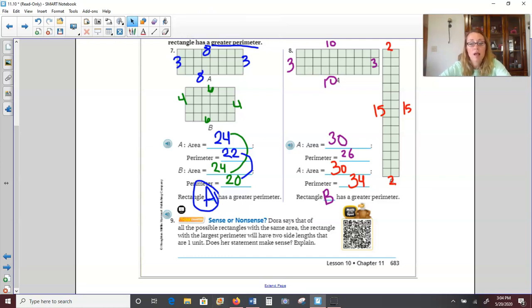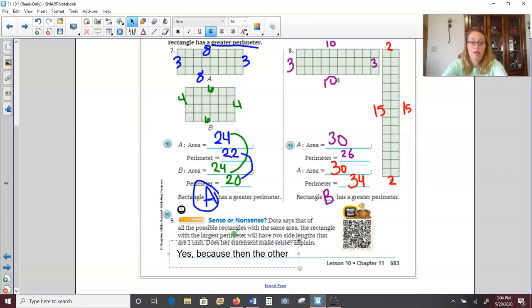So we had said that when you want to make a rectangle that has the greatest perimeter possible, you want two sides to just be 1 unit, and you want to stretch that rectangle out. So that means the top and the bottom measurements are going to be as large as they can. So we'll say yes, because then the other two sides will be as large as possible.